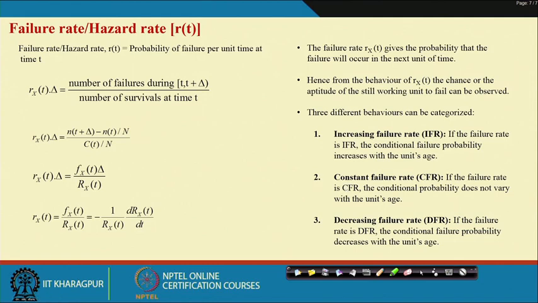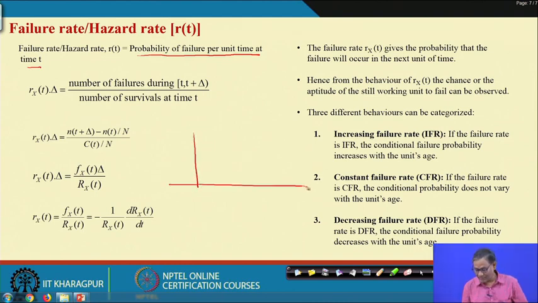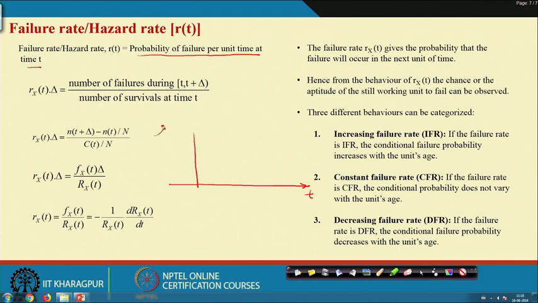See what hazard rate is here. Be careful. We are saying that hazard rate is the probability of failure per unit time at time t. That means we have a timeline t, and suppose this is our hazard rate h(t). We are interested in finding out, suppose the unit survives till time t, then we create another time interval delta, so this point is t plus delta.